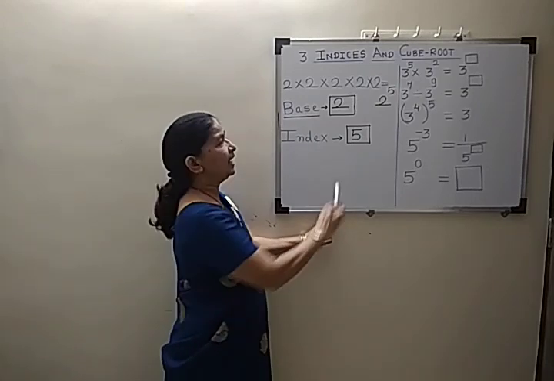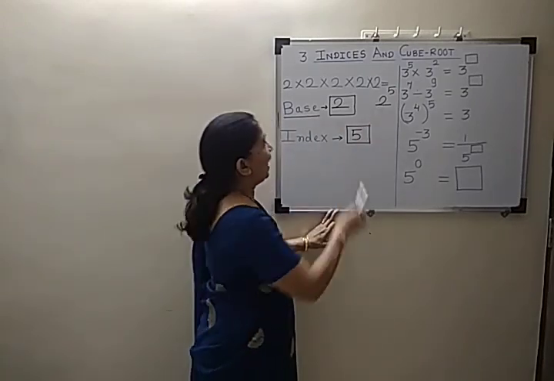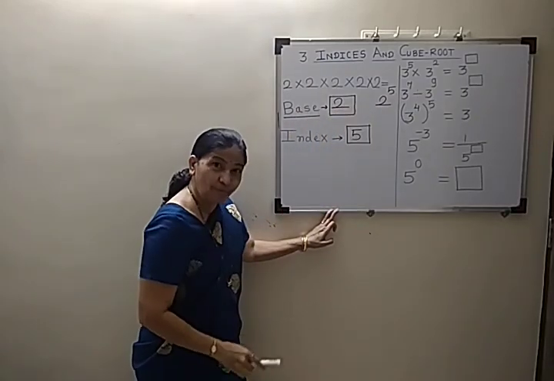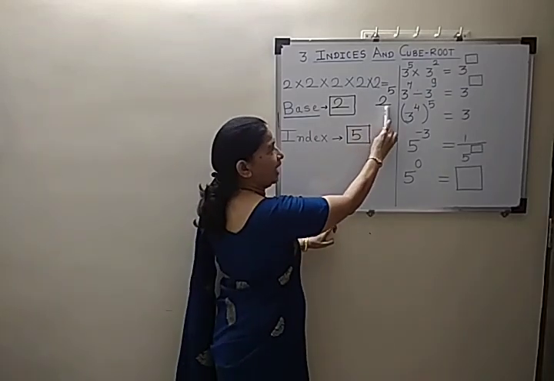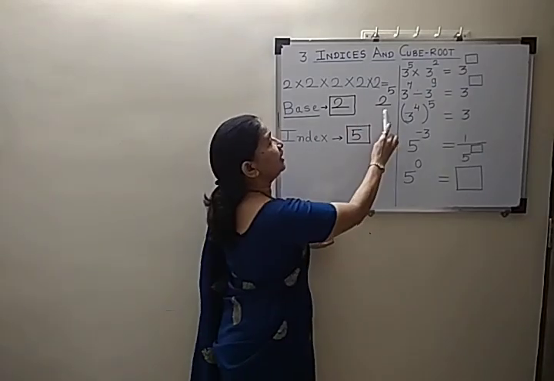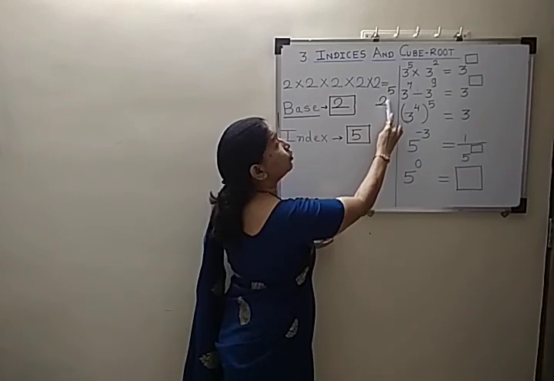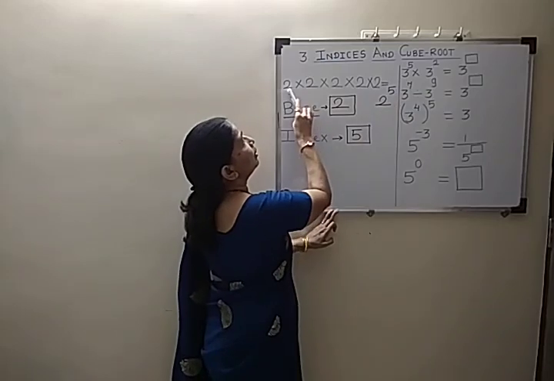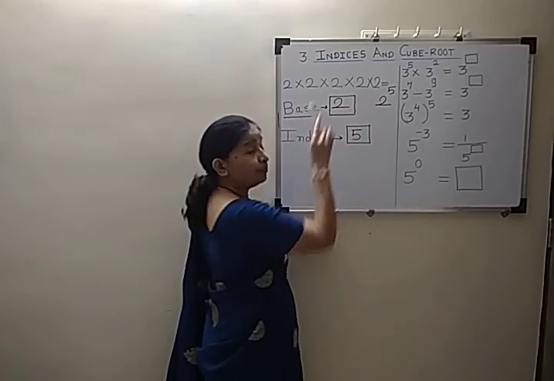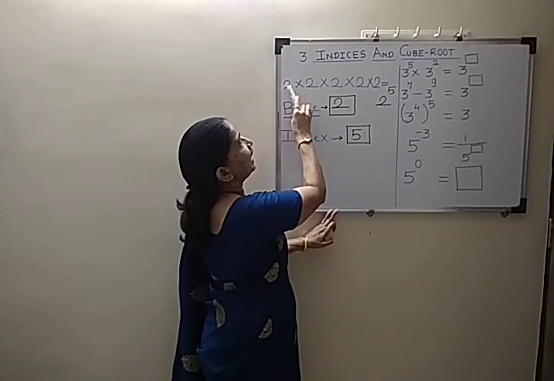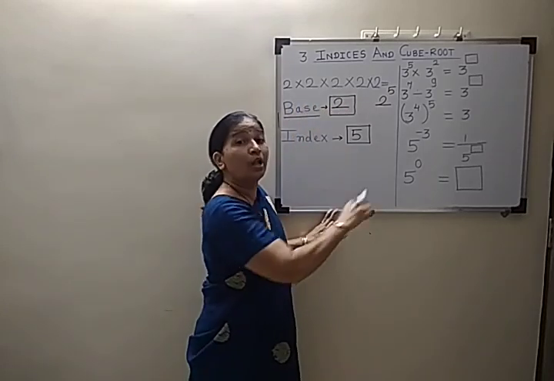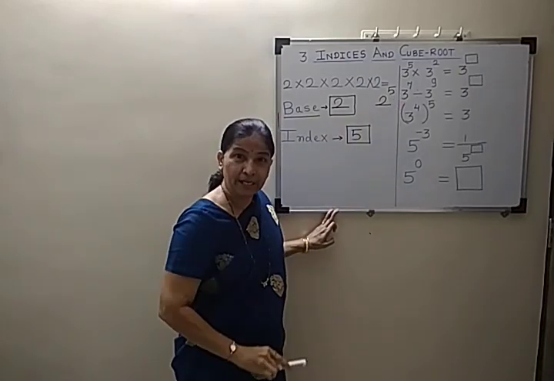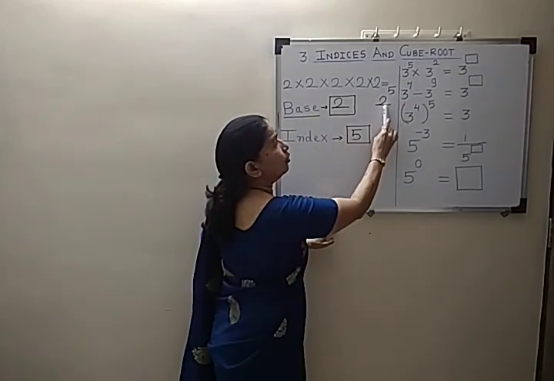So again I am telling you that 2 into 2 into 2 into 2 into 2 I can write another way also, that is 2 raised to 5. Why 5? Because the multiplication of 2 with 2 we did 5 times, so we wrote 2 raised to 5.